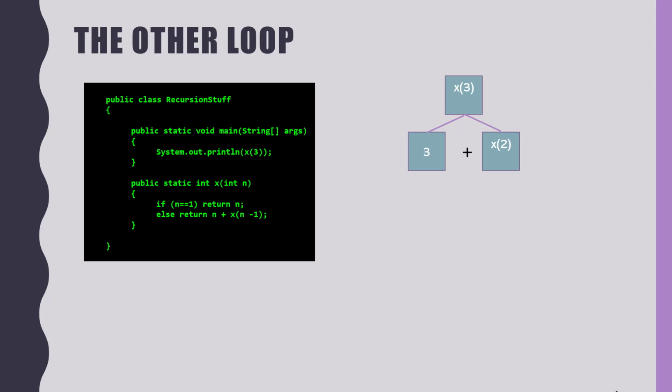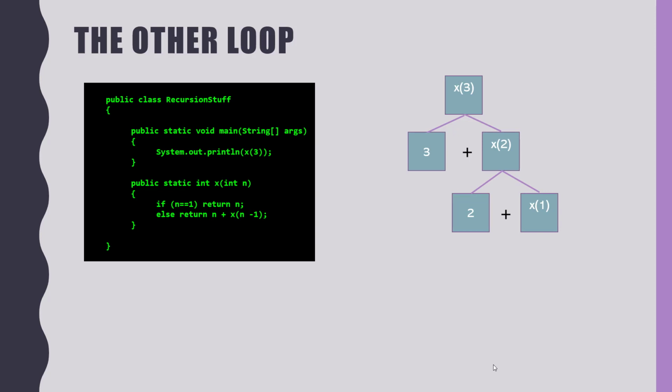Well, now we look at x of 2, and we run x of 2 through our code, and we see, is n equal to 1? The answer is no, so the else statement runs again, and the else statement is going to be n, which is 2, plus x of 2 minus 1, which is x of 1. So we can split up this x of 2 into two pieces, like that.